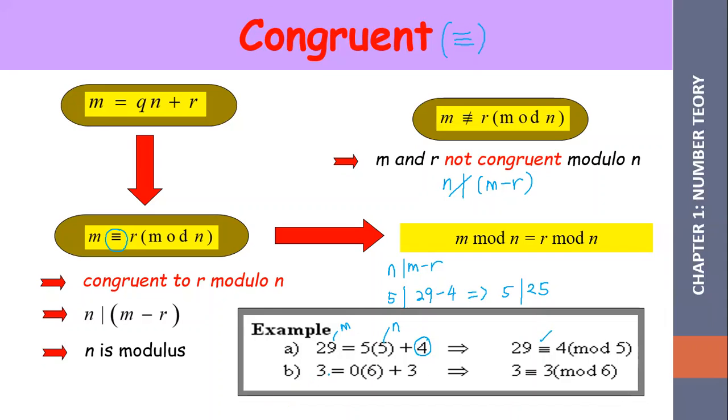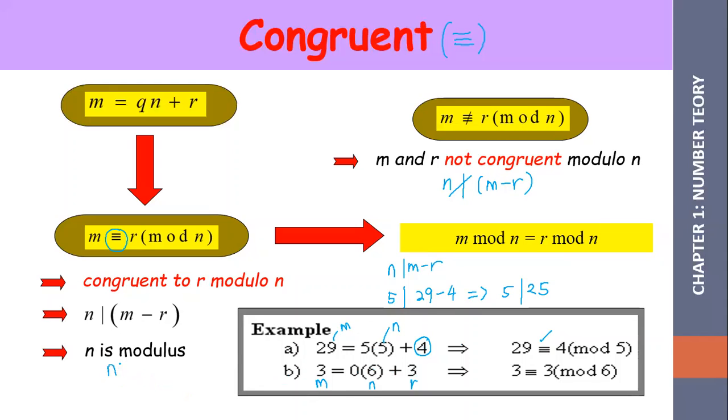The same goes for this one. m is 3, n is 6, so the remainder is 3. Congruent or not?